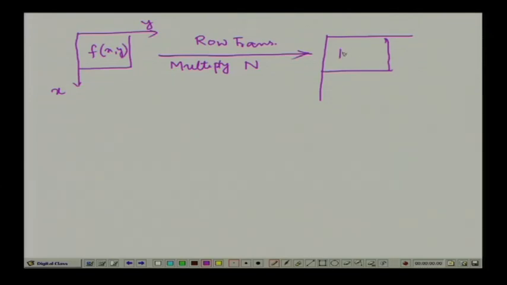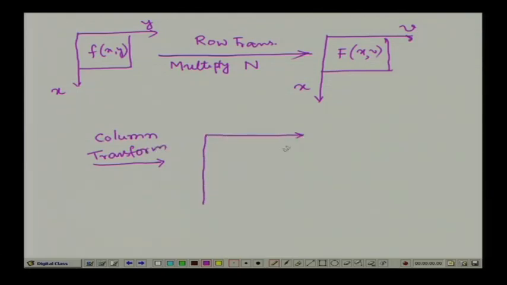This is represented as f x v, where this is the x dimension and this becomes the v dimension. After getting this intermediate result, I take the second step, and now the Fourier transformation is taken for every column. So I do column transformation, and that gives us the final result of the two-dimensional Fourier transformation f u v.